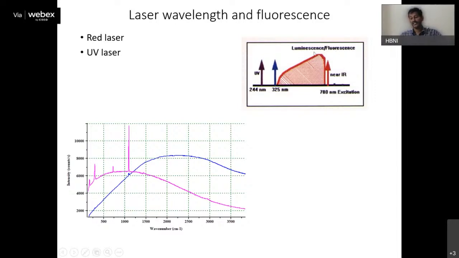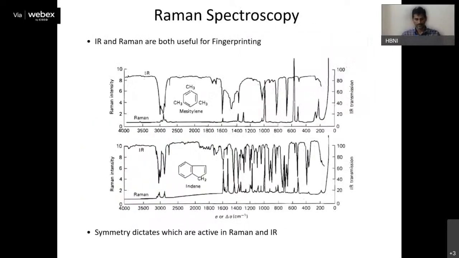You can get a laser which has high power in the visible region, but if you go to the UV region, it is difficult to get a laser with high power. This is a clear example where, by changing the wavelength, one can get a reasonably good Raman spectrum. So while recording the Raman spectra, one needs to take care of these factors.